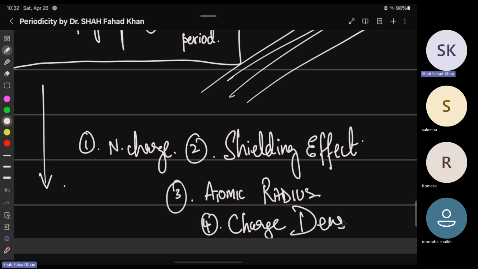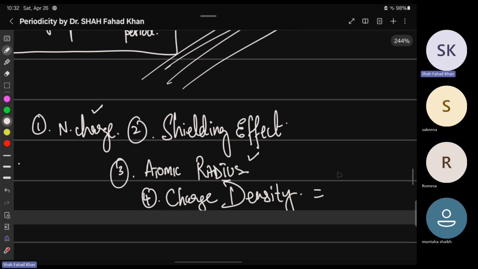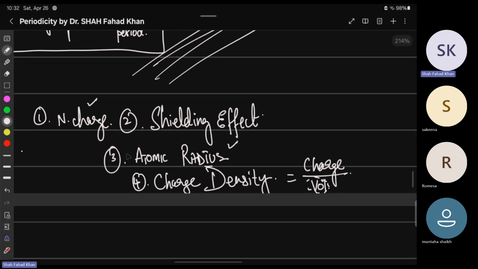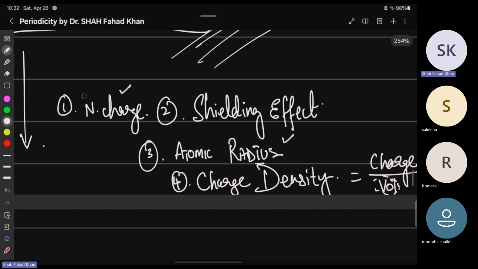Charge density is a concept which relates the atomic radius with the nuclear charge. Charge density by definition is the charge per unit volume. So volume represents radius and charge represents nuclear charge. Now, if I increase the nuclear charge, it's going to increase the ionization energy.